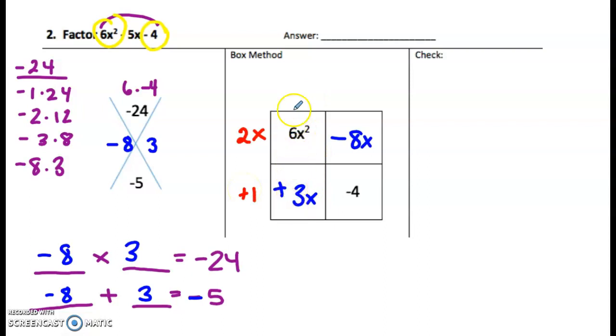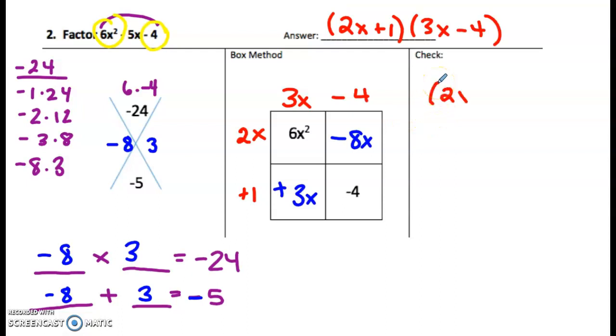And then we do the same thing with the column. So 6x squared and a 3x. I can actually divide a 6 and a 3 by a 3, and then an x gets to come out. And then here, a negative 8 and a negative 4, I get to take out negative 4. So my answer here is 2x plus 1 times 3x minus 4.